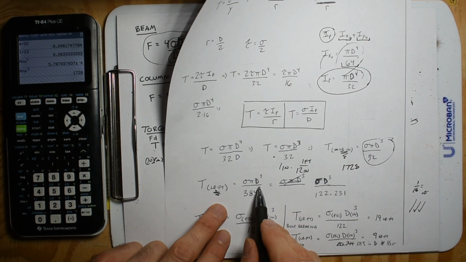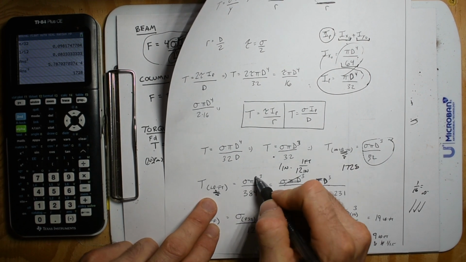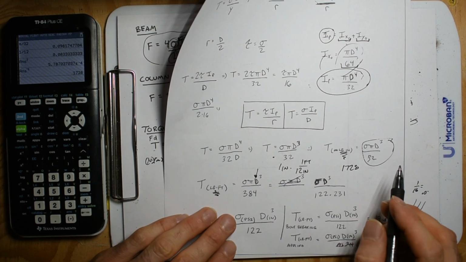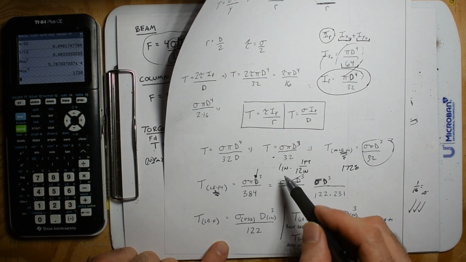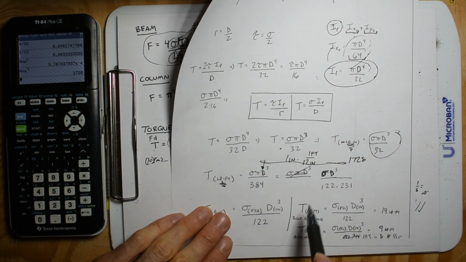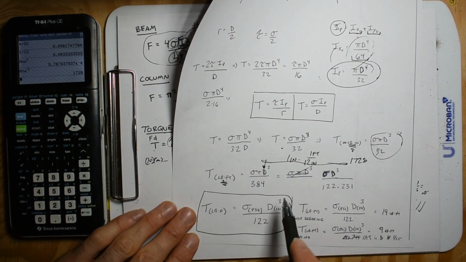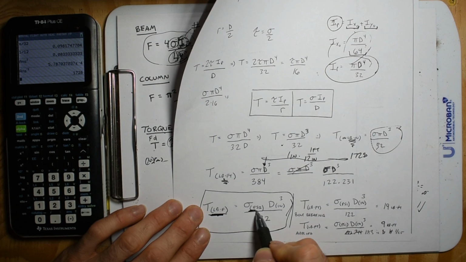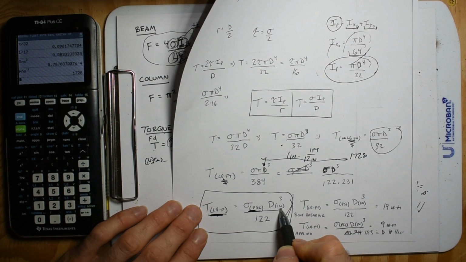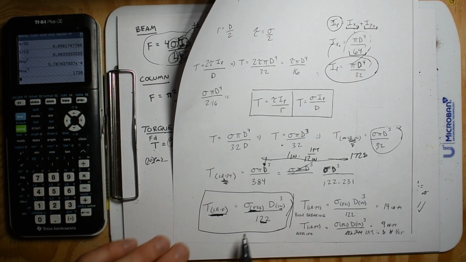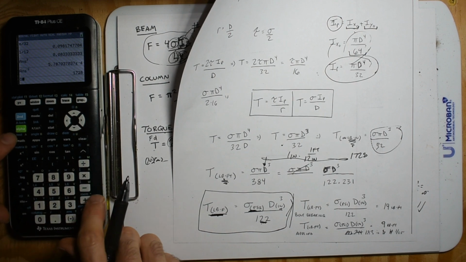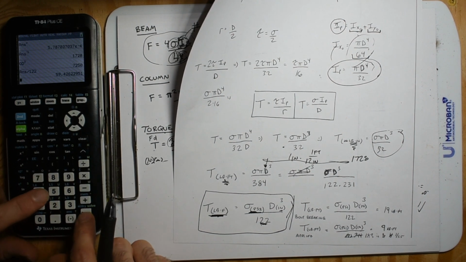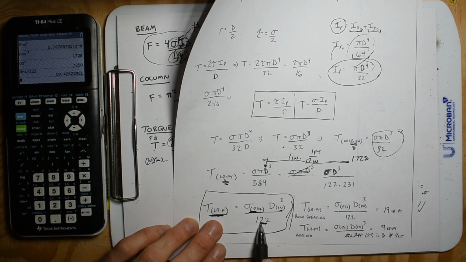So now this is input, my bad. Never mind. Some of these equations you have to be very specific about. I'm getting out pound-feet. I'm putting in PSI and inches, and then dividing by 12 cubed. So let's do that. Alpha D to the third, and then divide by 12 cubed.